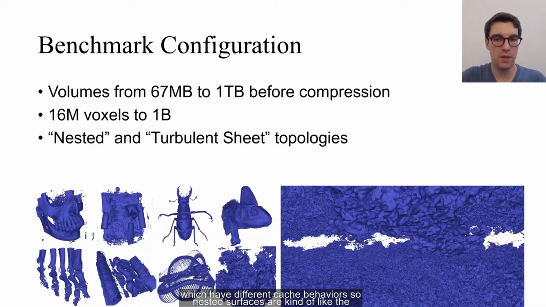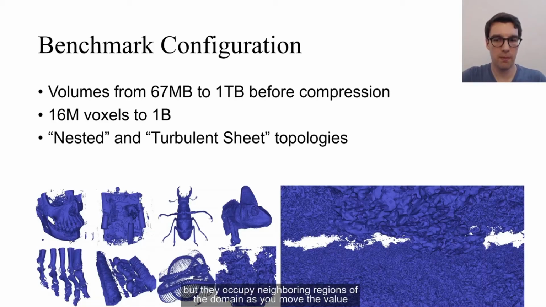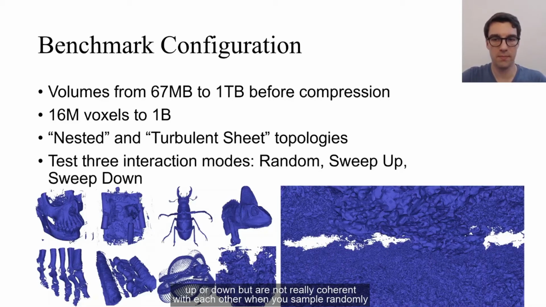So nested surfaces are kind of like the skull or the foot. These are like MRI scans where the surfaces at lower ISO values contain those at higher ones, whereas the turbulent sheet surfaces are more like a crumpled sheet that moves, say, from left to right, where the surfaces don't really contain each other, but they occupy neighboring regions of the domain as you move the value up or down, but are not really coherent with each other when you sample randomly.